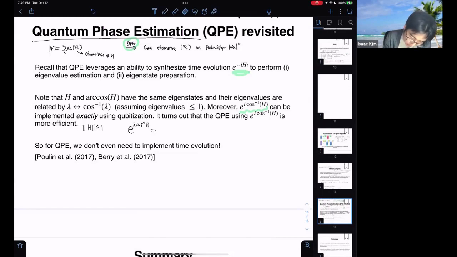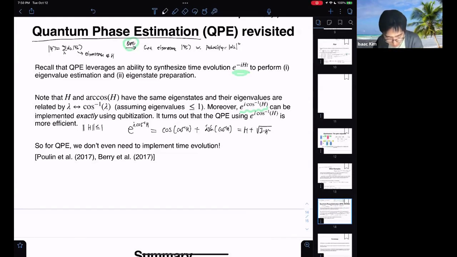So this is cosine minus h plus y sine cosine minus h. So that's plus square root of I minus h squared. And it turns out that actually implementing this kind of time evolution is much easier using qubitization.